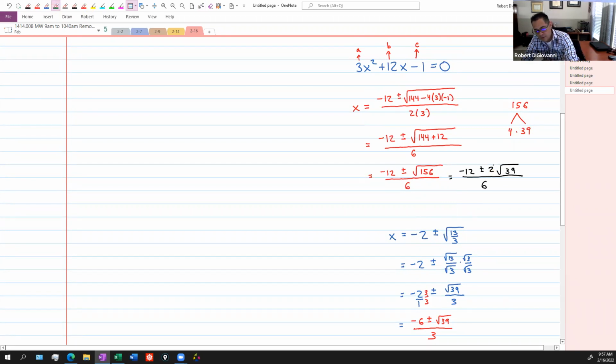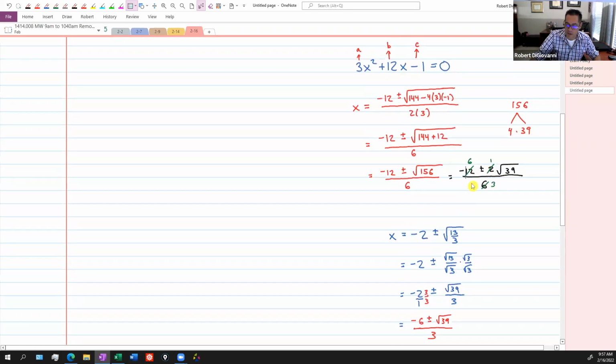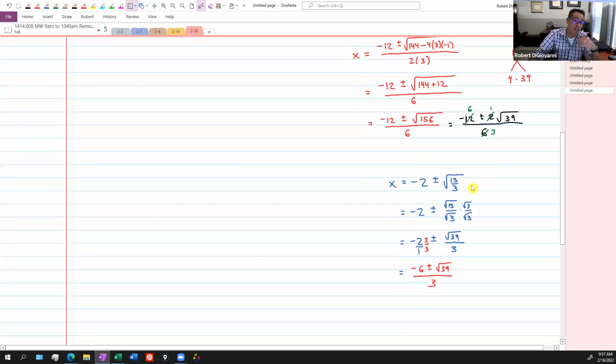Then if I reduce this by 2, that by 2, and that by 2, sorry, 6, we get the same answer, negative 6 plus or minus root 39 over 3. All I'm trying to do here is convince you that what we did with completing the square gives you the same answer as the quadratic formula, the same result.